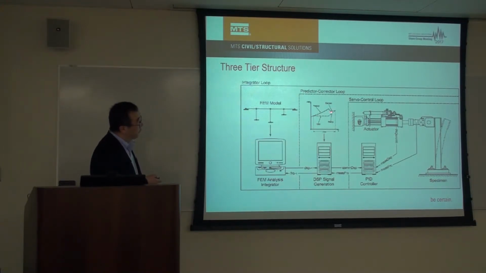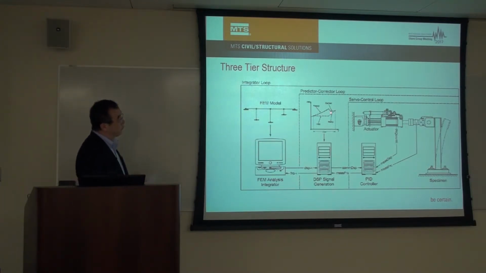In between, you have multiple sub-steps for the controller. In each small step, the predictor-corrector will check to see whether the model is solved for here. If not, it predicts. If it is solved, then it corrects to the real solution. So it predicts until the command here is solved, and then it goes to correct mode.